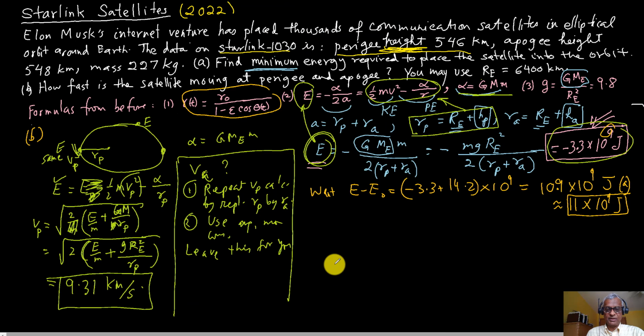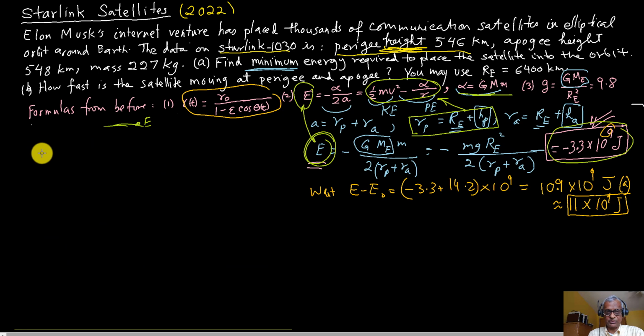So how do you get Va? You can get Va by repeating this Vp calculation with Rp replaced by Ra, or you can use angular momentum conservation. I'll leave this for you, and let me pause this and go to extensions of this problem that are interesting for you to solve.